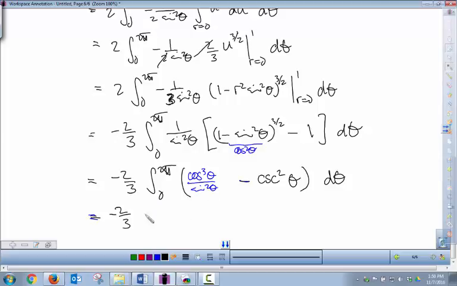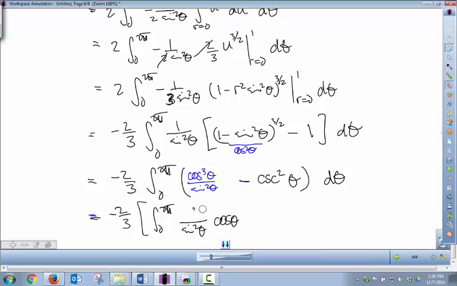All right, let's break this up into two different integrals. We've got the integral from 0 to 2 pi. Let's write this as cosine squared theta. I'm going to do a bunch of extra steps here. Sine squared theta times cosine theta. Actually, let me redo that.